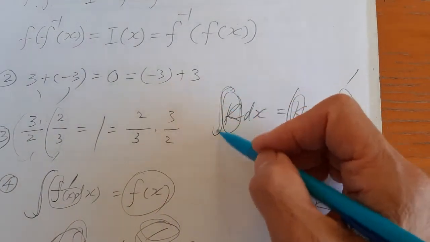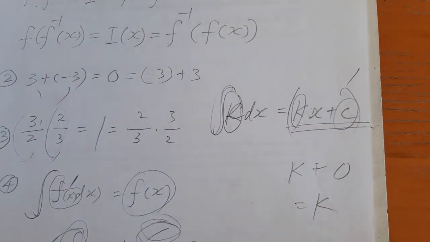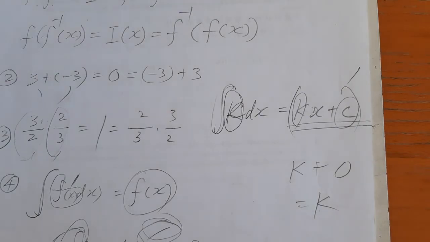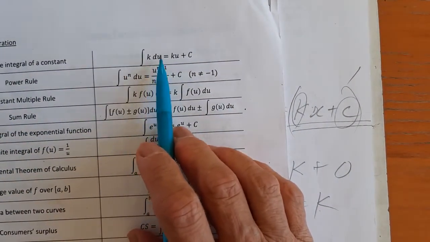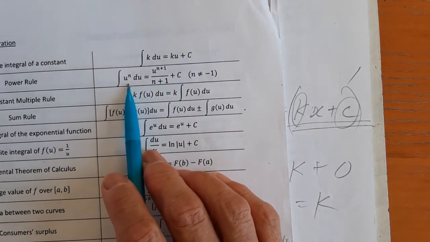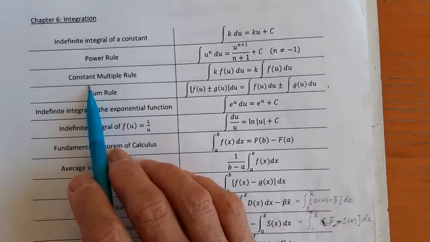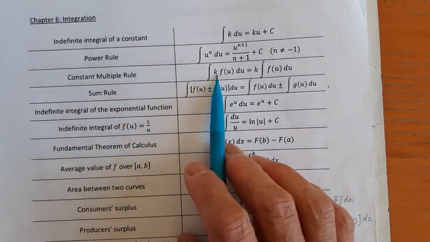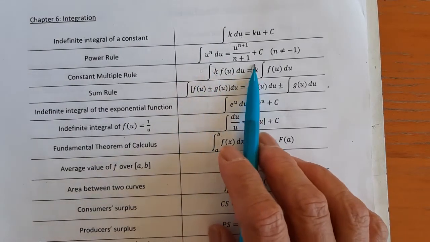So the integral of k is kx plus c. Here is the formula, using u: the integral of k du is ku plus c. And then there is the power rule. And the constant multiple rule: k times f of u du, this k can be factored out.